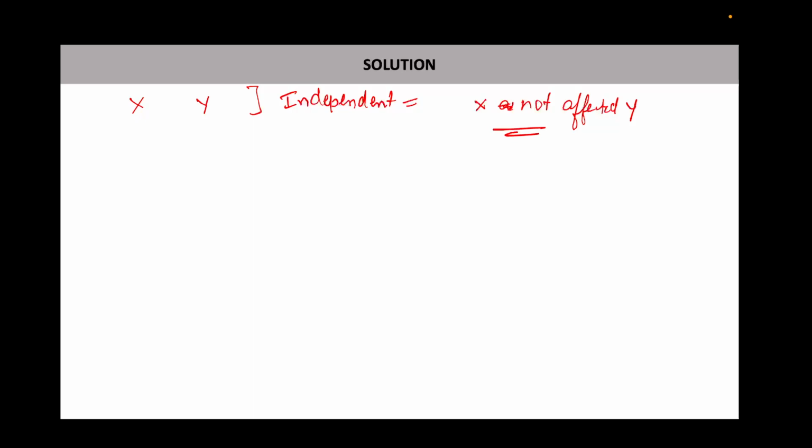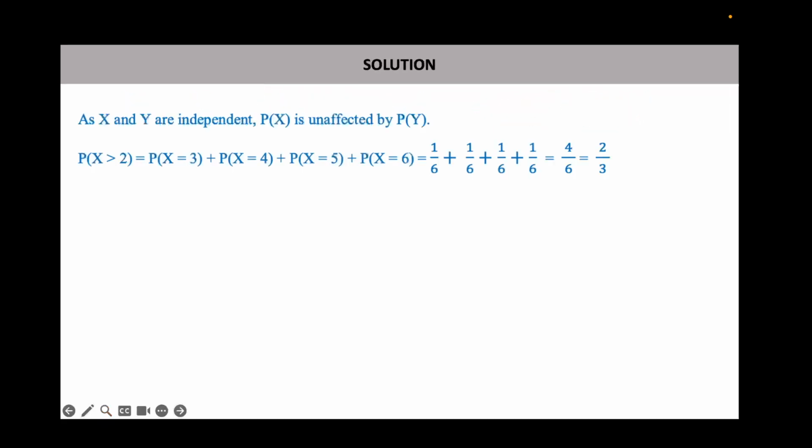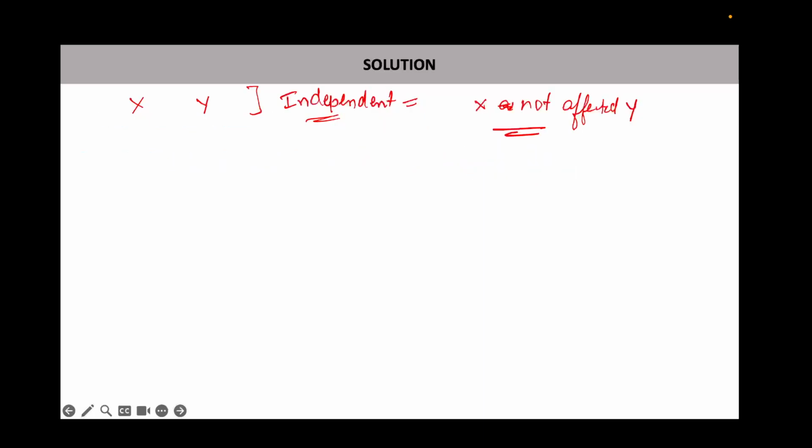X is not affected by y value. So this means that the two variables are independent. Now, the question said that the probability of x value being greater than 2 when your y value is equal to 3. Okay, so now let's first calculate the probability of x being greater than 2.